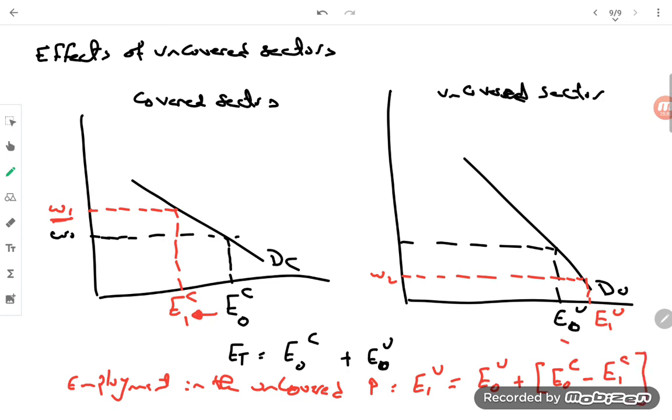So E1U is the initial value of employment in the uncovered sector, plus the difference or loss that has occurred in the covered sector.